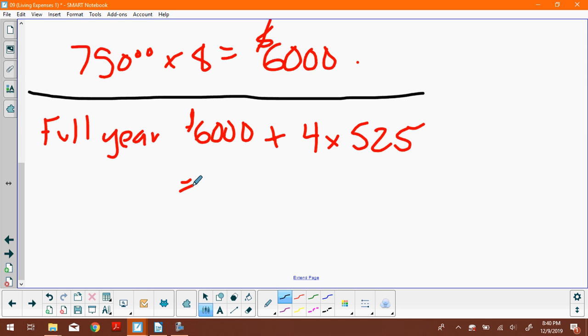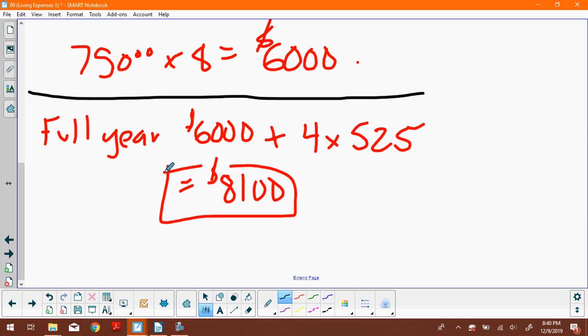The full year cost of running that is a little over $8,000, as a rough estimate of what that would be. So again, that's your basic introduction to some budgeting stuff.